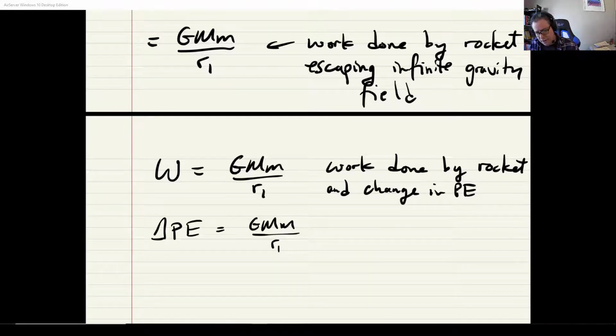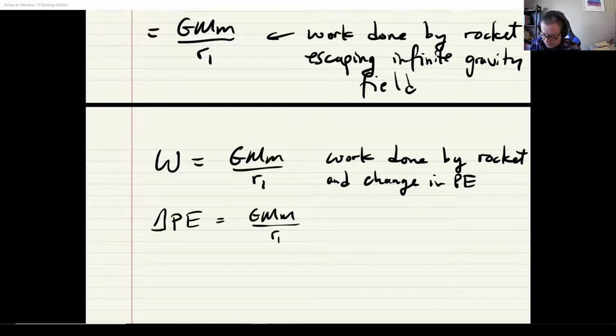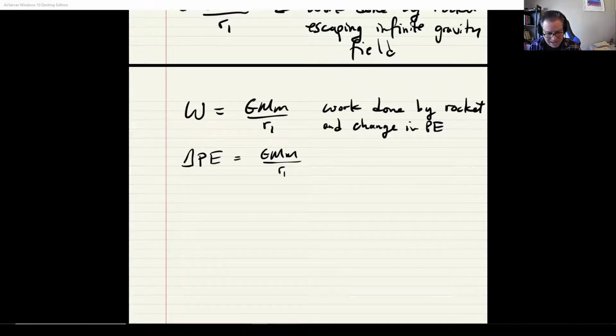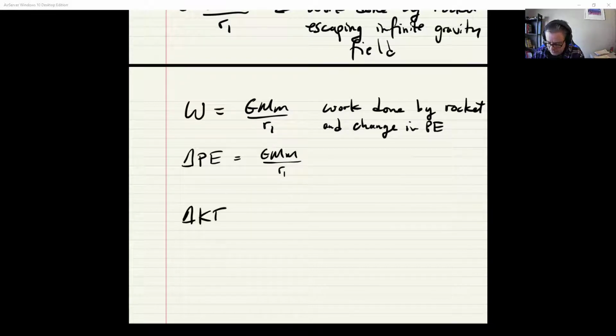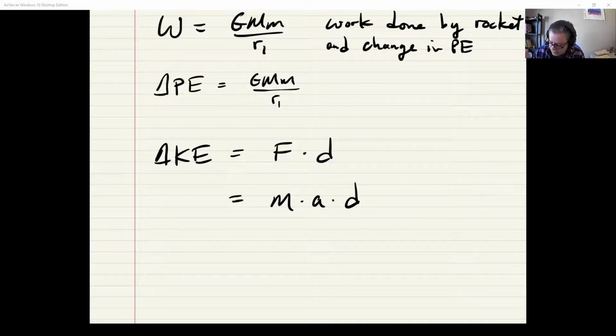And now to derive our formula for escape velocity, we'll look at the kinetic energy that provides that change in potential energy. So let's derive a formula for kinetic energy, and then we'll equate them. For my purpose here, I'll say a change in kinetic energy is some force times distance. And the force I'll represent as some mass times some acceleration times that distance. And before you get mad about all this work that has to be done, let's quickly replace the acceleration over some interval of time with a change in velocity over some interval of time.